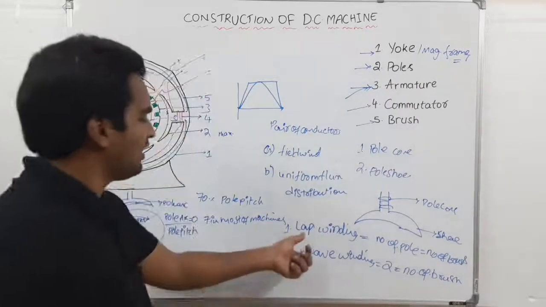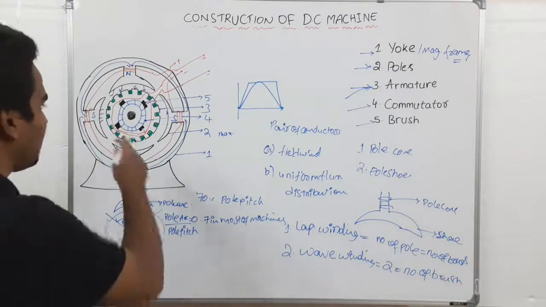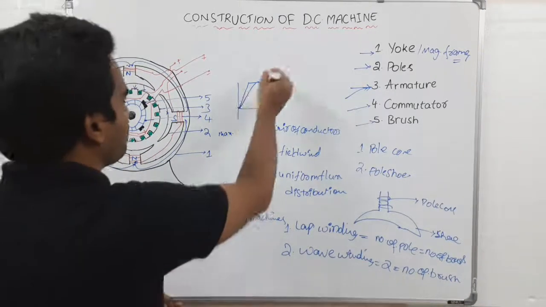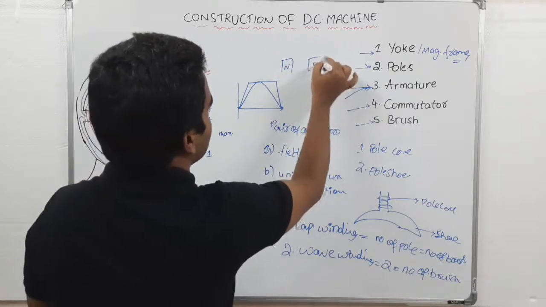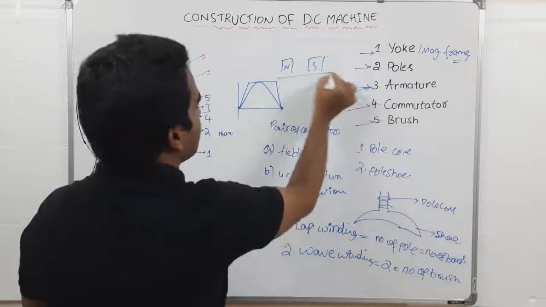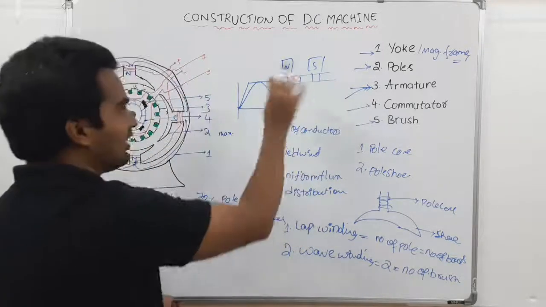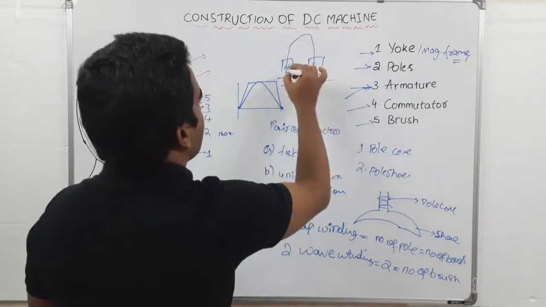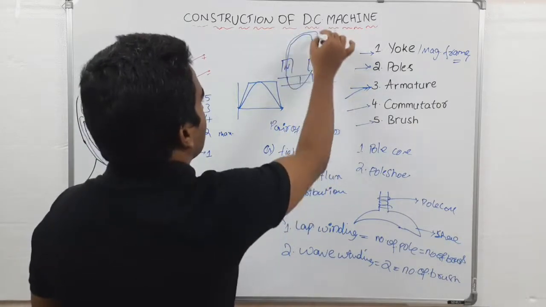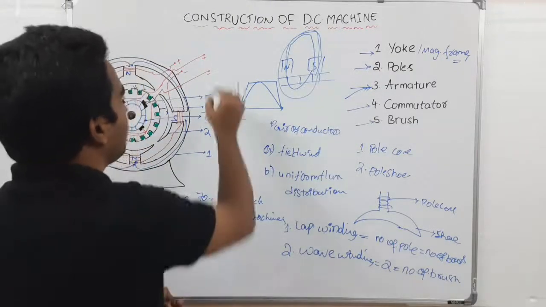The difference between lap winding and wave winding is the end connections at the commutator segments. Suppose we consider these two are poles and this is the commutator stretched linearly. This is called lap winding.